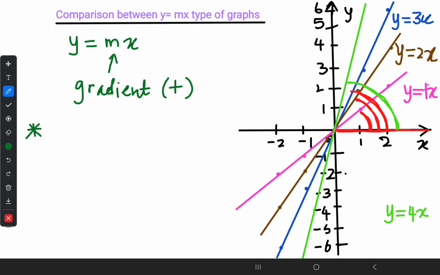Just look at this. We have plotted 3 and additionally 4 functions. All these 4 functions are going through 0, 0.